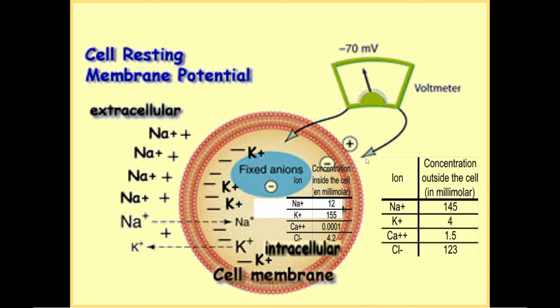To reveal these two electric fields, two electrodes connected to the voltmeter are placed inside and outside. A voltage of around minus 70 millivolts is measured, showing the negativity of the interior of the cell. In physiology language, this is termed the cell resting membrane potential.